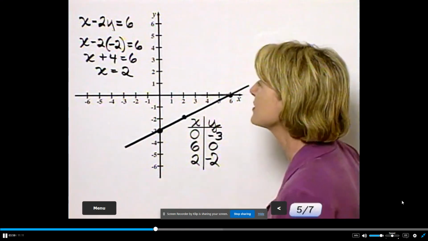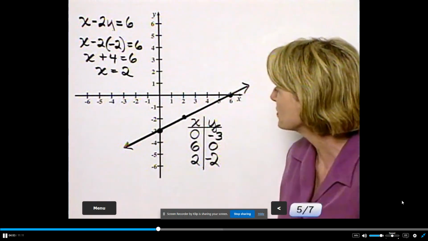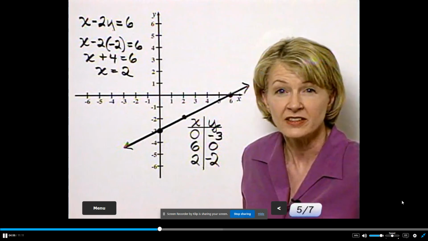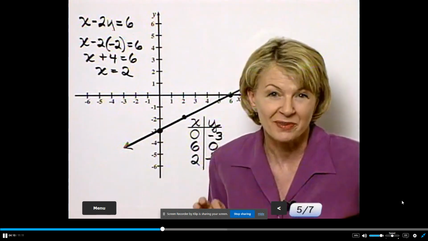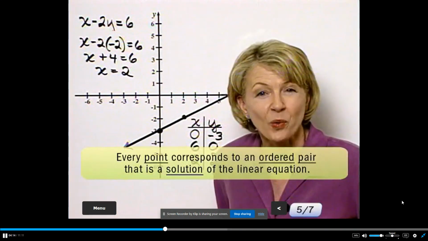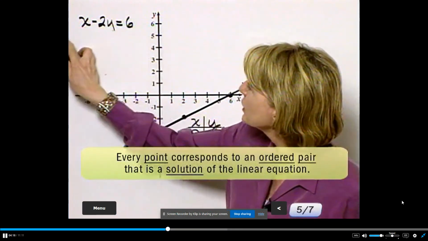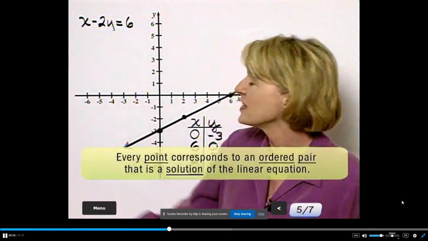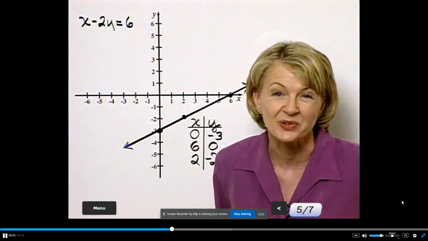This line is the graph of x minus 2y is equal to 6. There's an infinite number of points that make up this line. Every point is represented by an ordered pair that is a solution of this linear equation in two variables. That's the graph of x minus 2y is equal to 6.